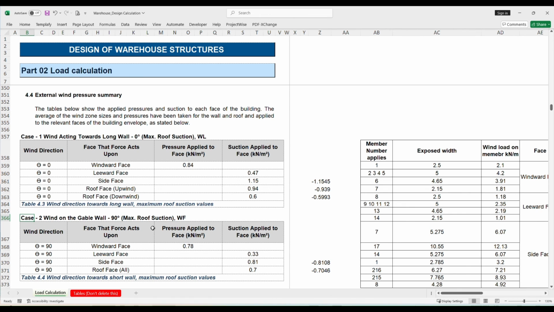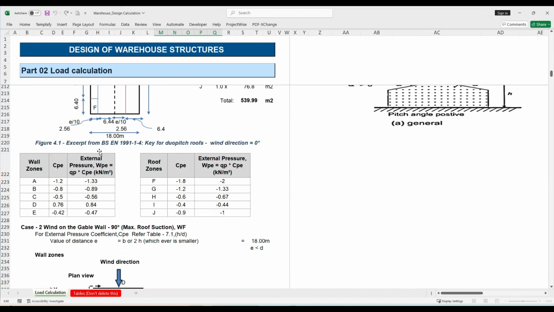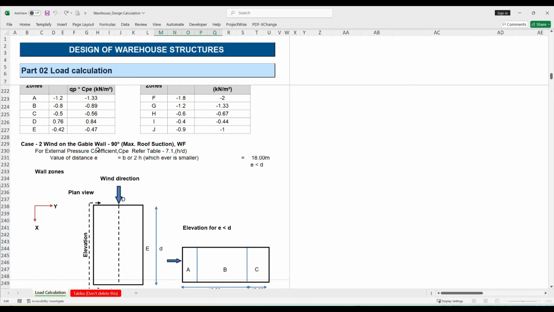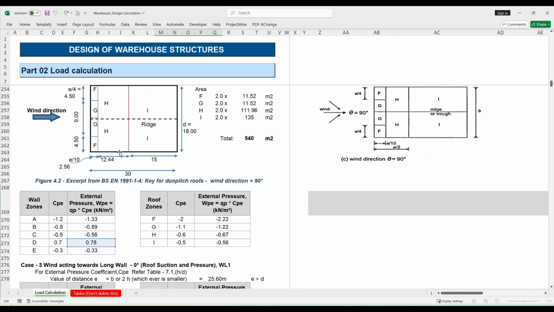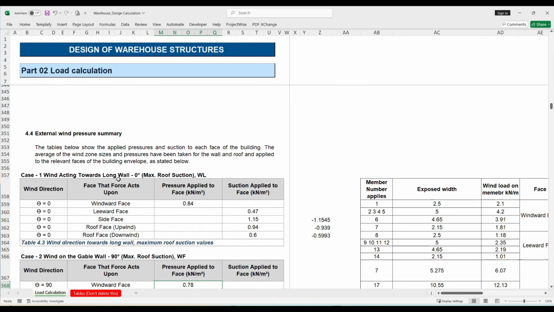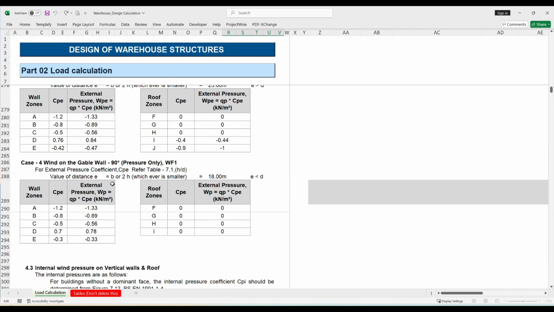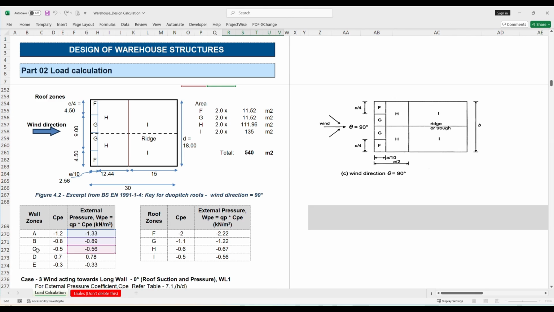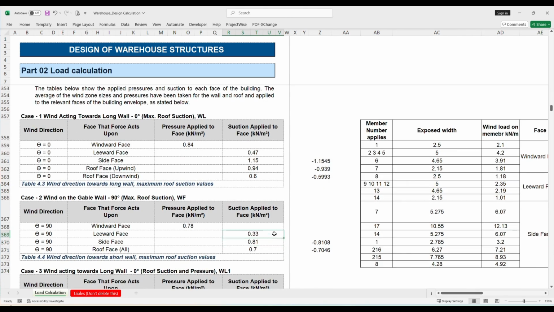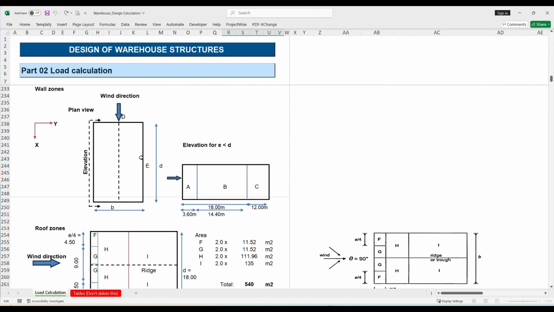The second case is wind acting on the short side, that is the rolling shutter side from the top, which is here in case number 2, wind acting at 90 degrees. So D is to be considered here. The side face is the longitudinal wall, so A, B, C are to be considered, and the leeward face is E. In this picture you can see the wind is acting in this direction.